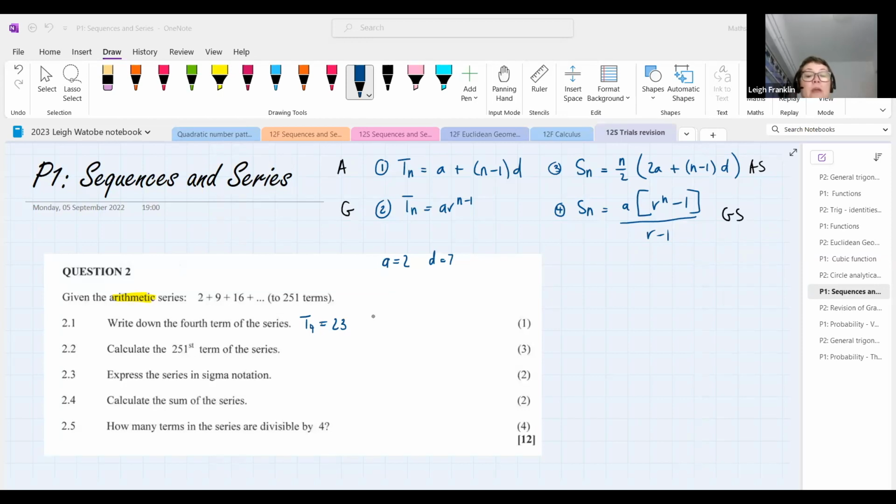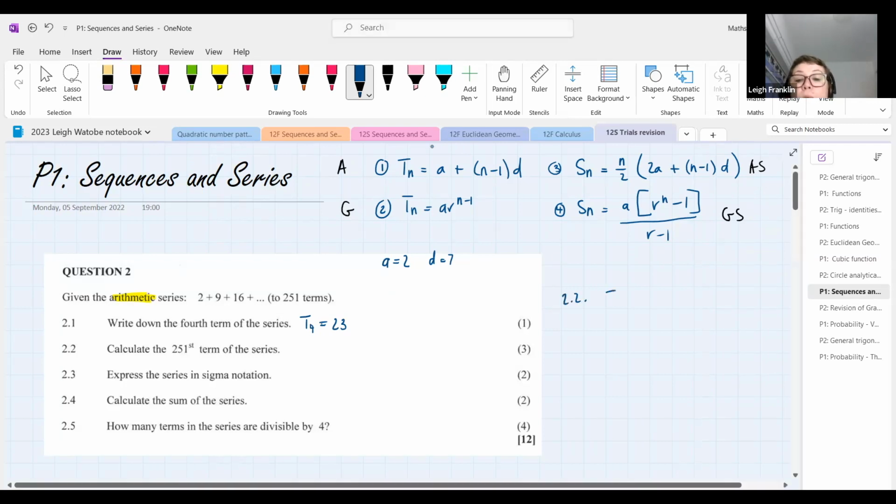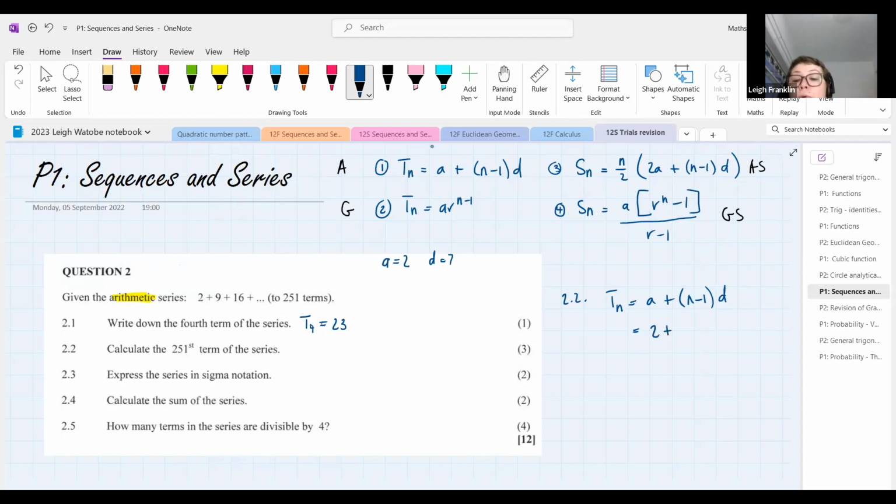Okay, so if we want to discover what our nth term is, we would say that Tn equals a plus (n minus 1)d. So our first term, a, is 2 plus (n minus 1), and we know that our difference is 7. Always put your difference in brackets, especially when it is negative.